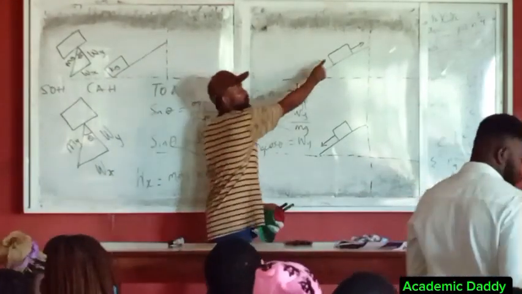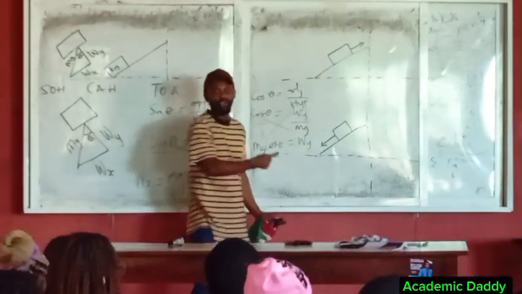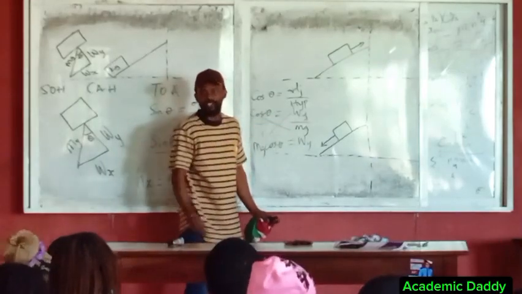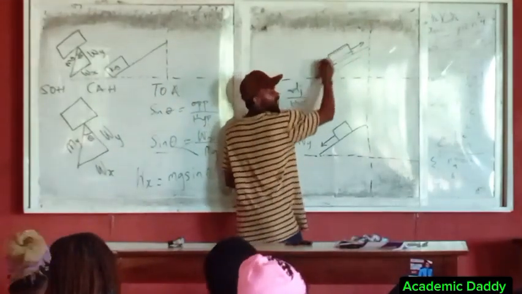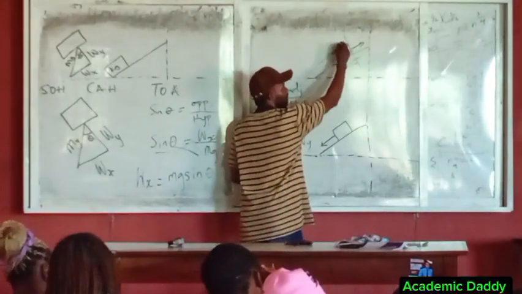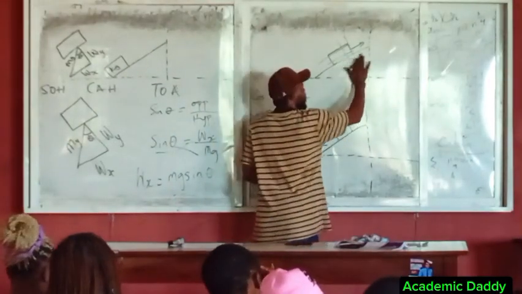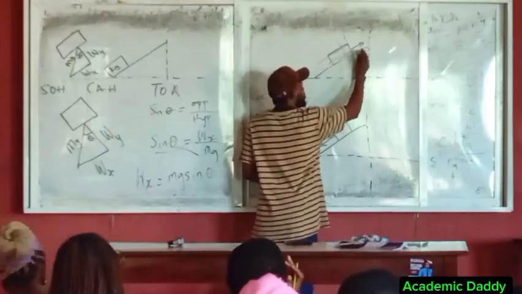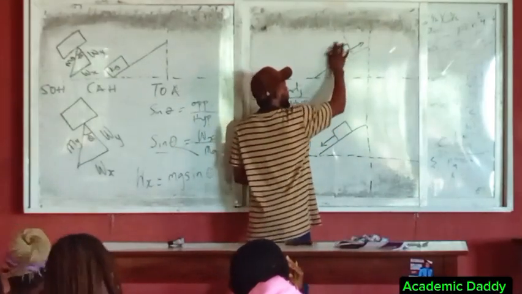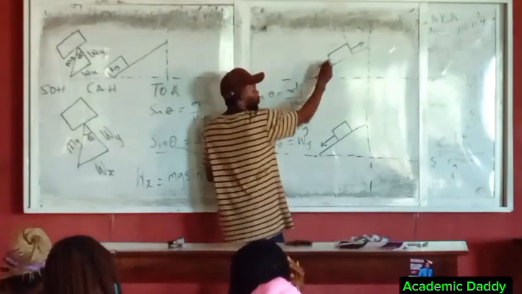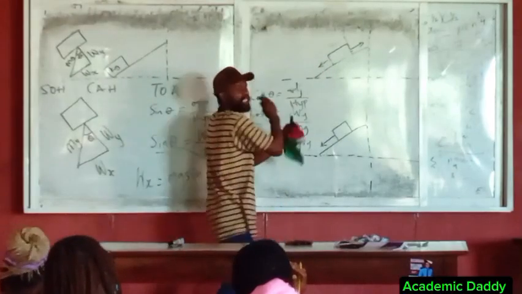It wants to go down, and as it's going down, it's going down the x-axis. So any body on an inclined plane naturally goes down the x-axis, so it has a component in the x-axis that makes it want to go down naturally.